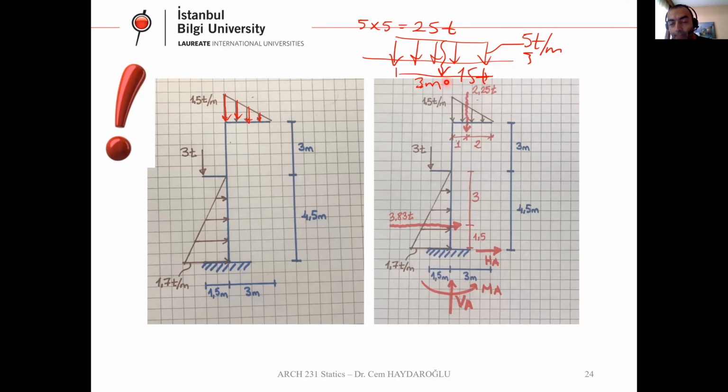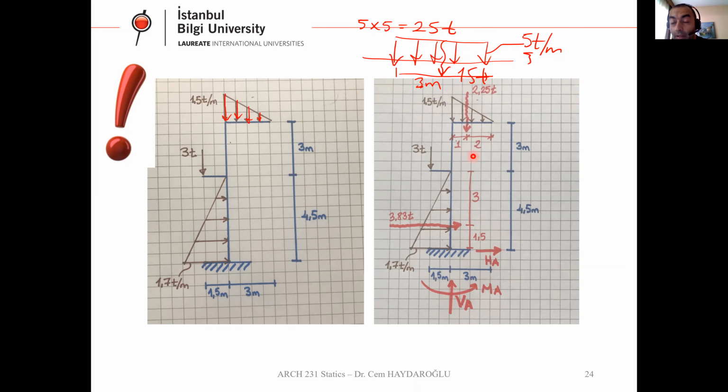Let's have a look at the top loading here. As you can see, we have 1.5, which is the maximum loading. 1.5 times 3 over 2 gives me the magnitude, which is 2.25 ton. Okay. It's here, and we need the magnitude.